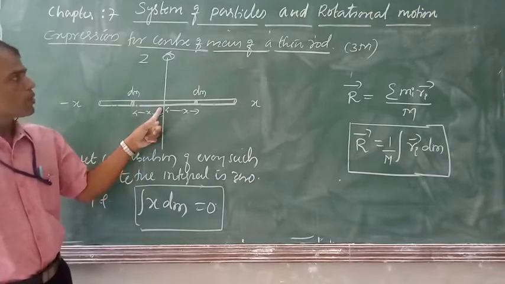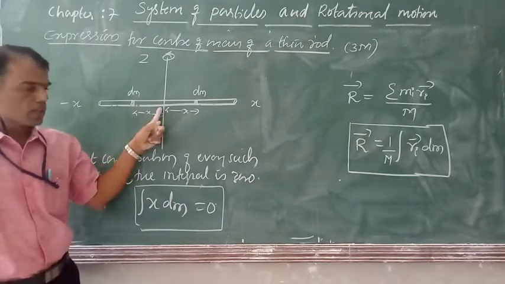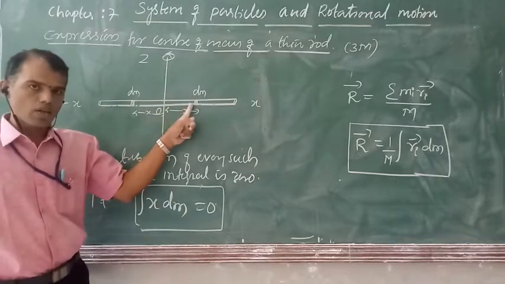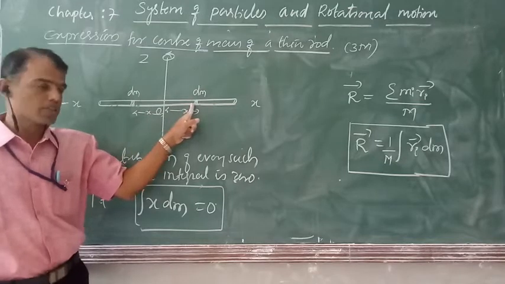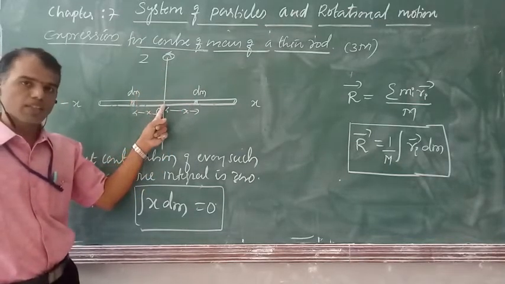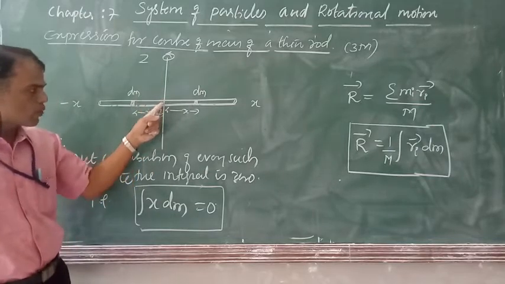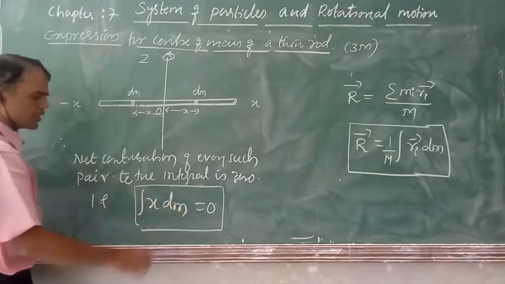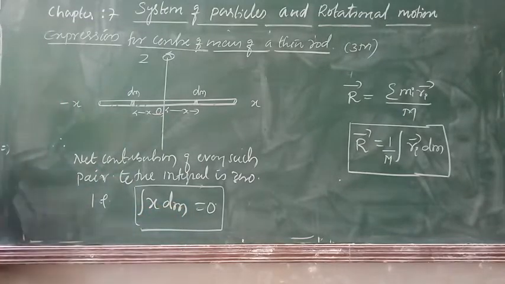So what we can conclude is, in case of a thin rigid rod whose length is much larger than its width, the center of mass of the thin rigid rod coincides with the geometric center because the integral of x dm is equal to 0.